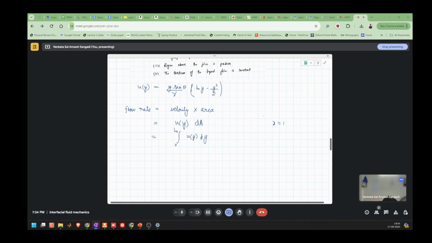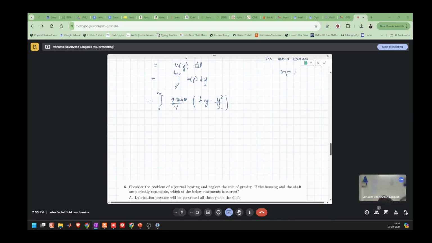It is the width, at unit width. It's one. Then we have the integral from 0 to h naught of g sine theta by nu times h naught y minus y square by 2.